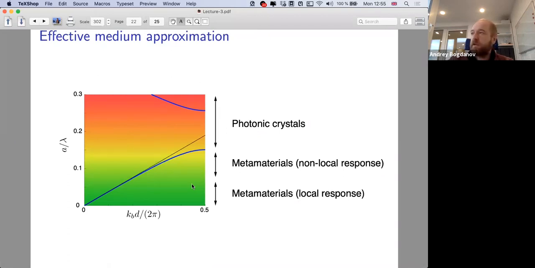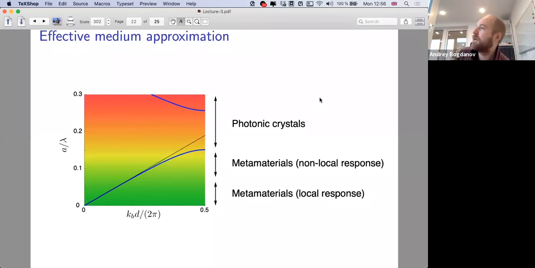This means a spatial dispersion or non-local response. If we decrease the wavelength further, we will have the regime of photonic crystals. So the same material can behave like a local metamaterial, a non-local metamaterial with spatial dispersion, and then a photonic crystal, depending on the wavelength.